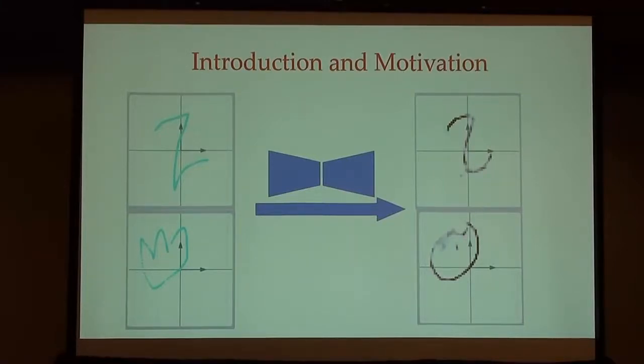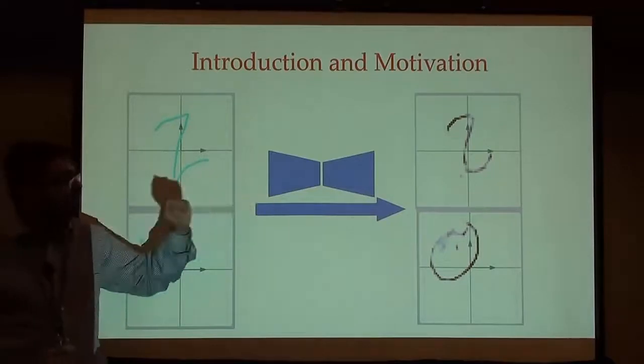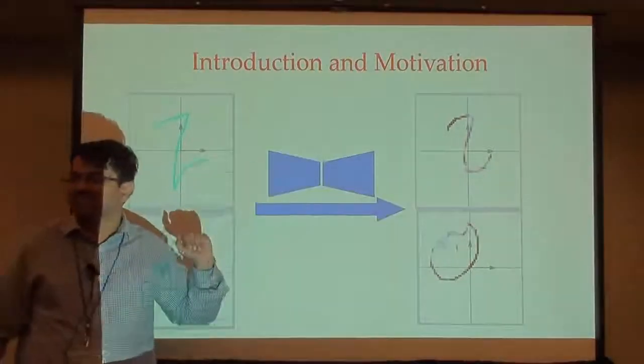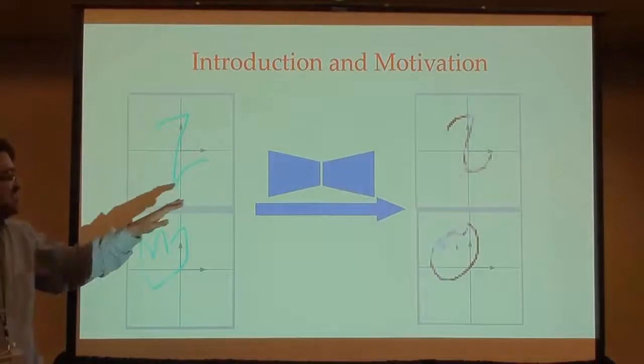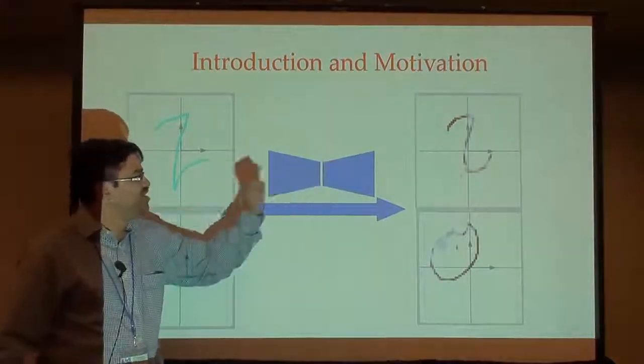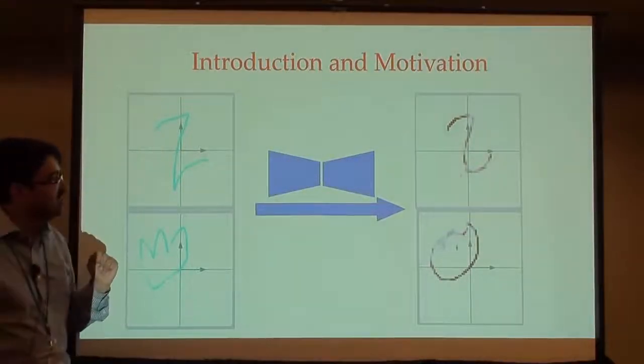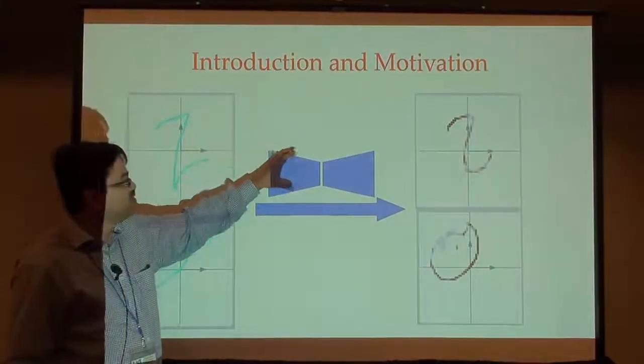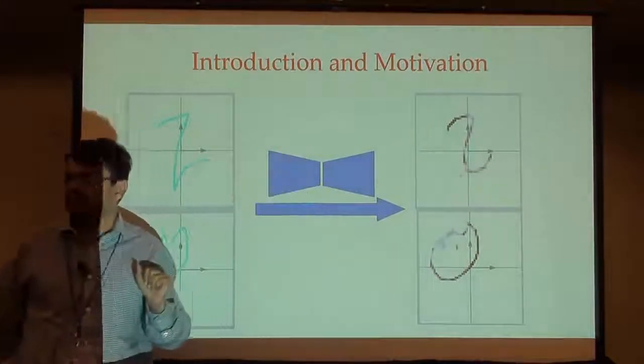Okay, and what you see in the middle here is magic. And so this is the part of machine learning, and this is drawn in this way. There's a reason for that.